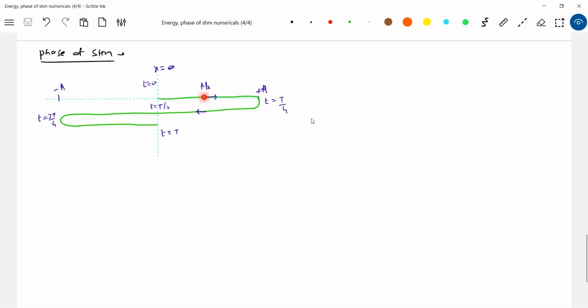With that quantity, I should be able to tell whether the particle is moving away from the mean position or towards it, on the right side of the mean or the left side. For that purpose, I'm introducing the phase. What is the phase?